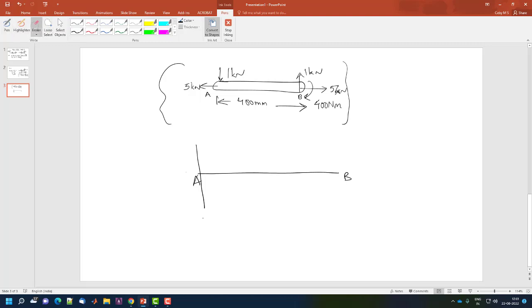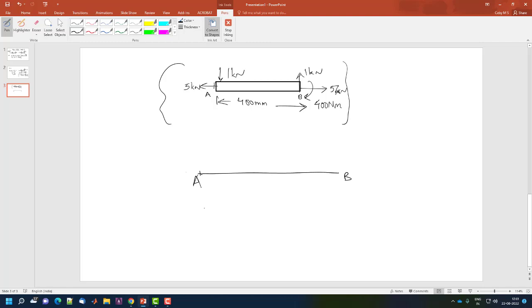I think I made a mistake. Wait a minute. I'll just rub this off, this big line. So AB I have got. So at this point A, what is the shear force? Let me say that this 1 Newton is acting downwards, isn't it?